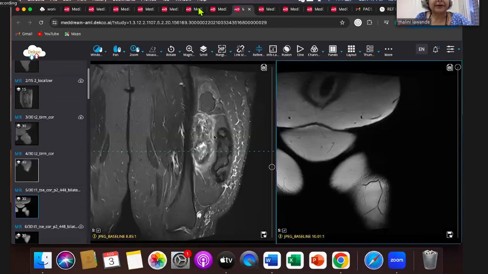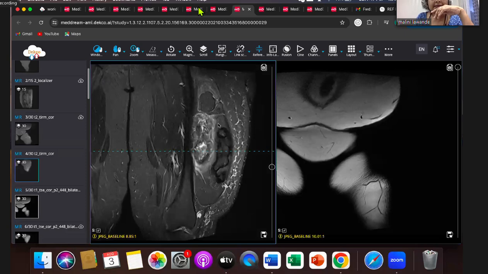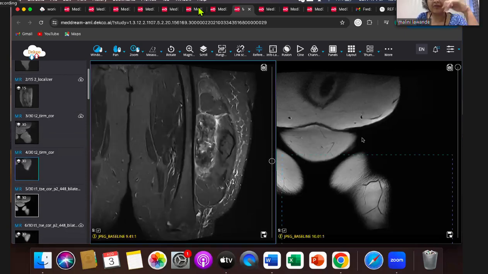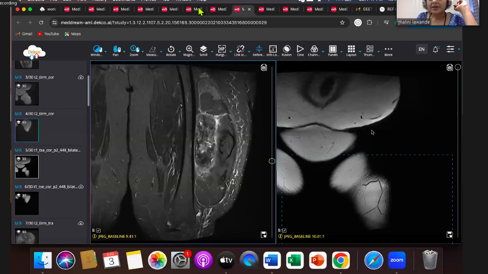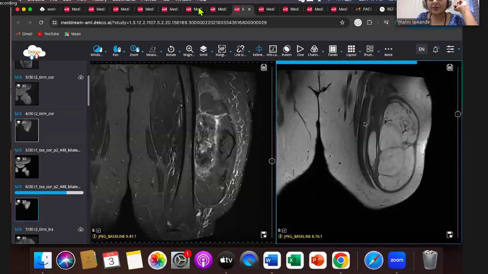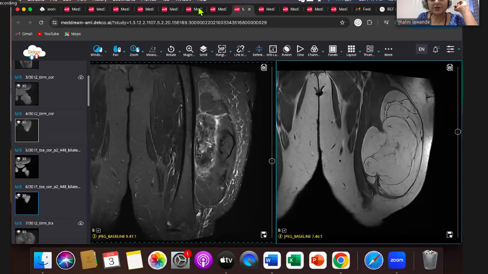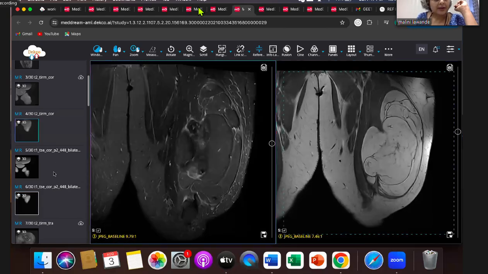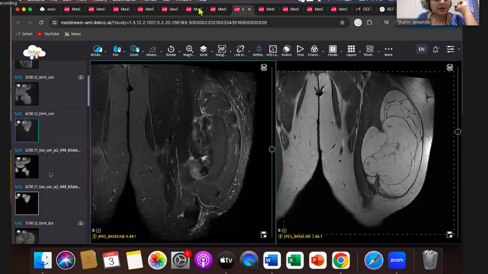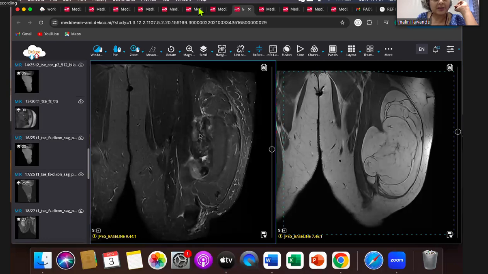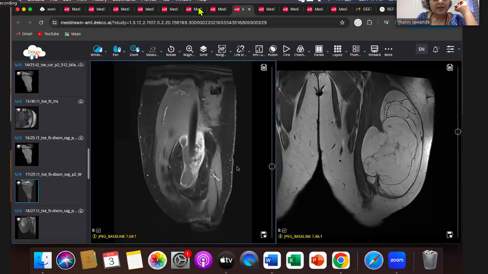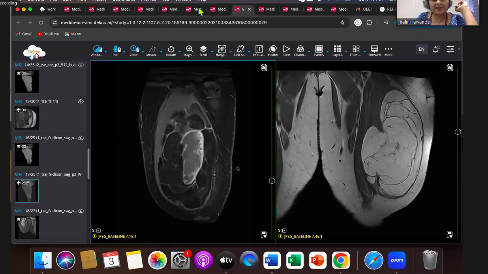As against that, showing this scan now, this is the STIR image. I'll show you the T1 weighted image here. This is the T1 weighted image. This is the STIR image. And in this patient, contrast has been given. This is the contrast enhanced MRI.